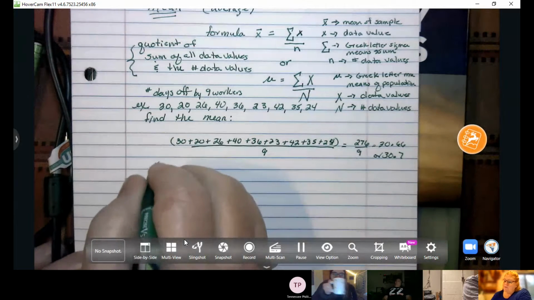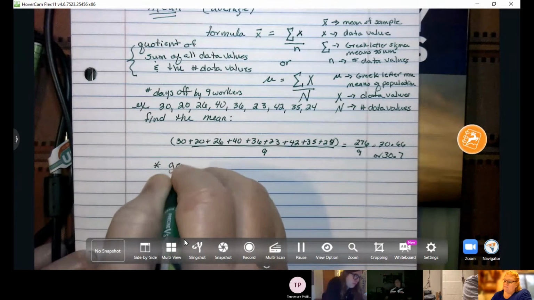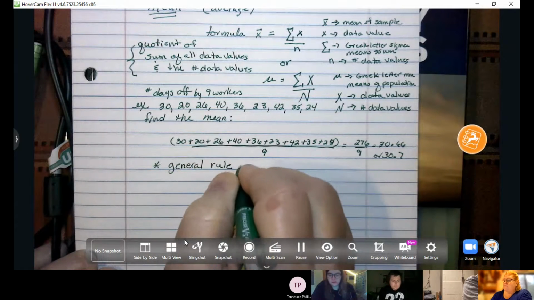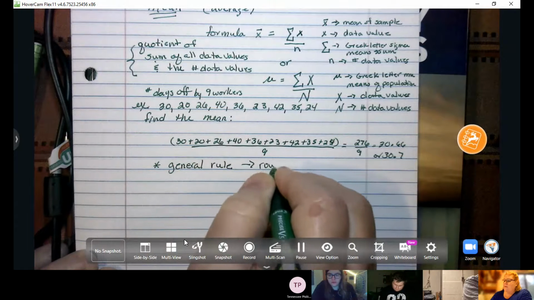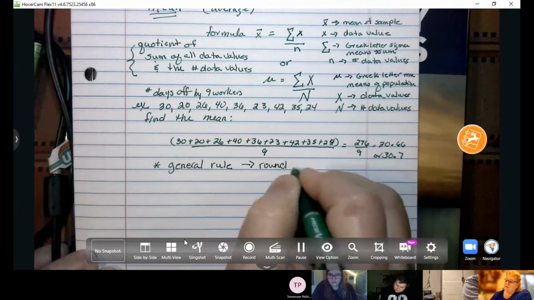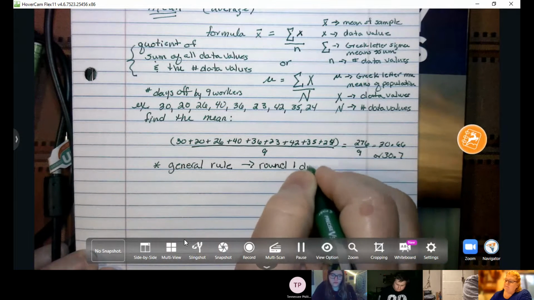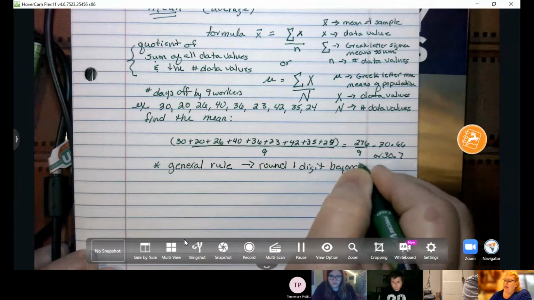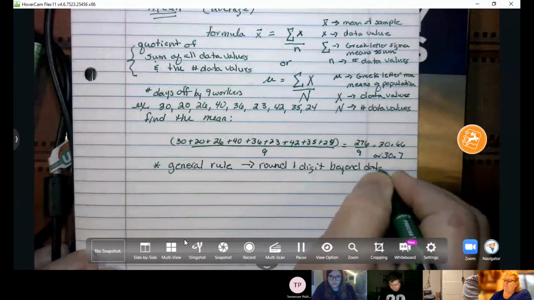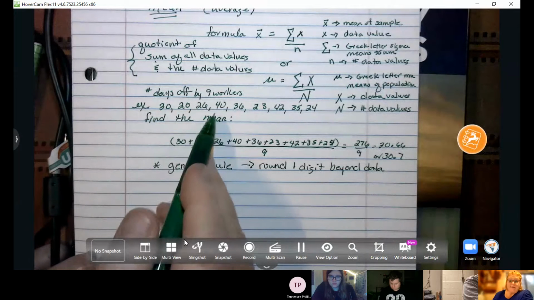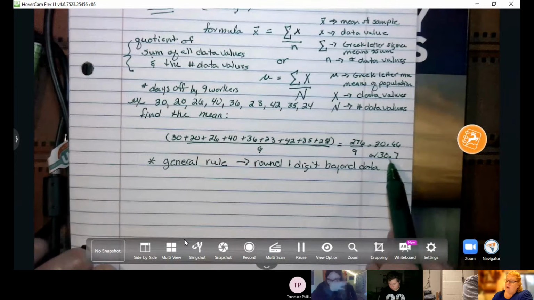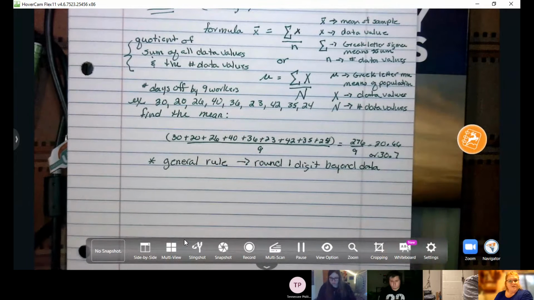As a general rule, you will round 1 digit beyond the data. So our data is whole numbers. So when we do this calculation, we round 1 digit beyond the whole number, which is to the 10th place.